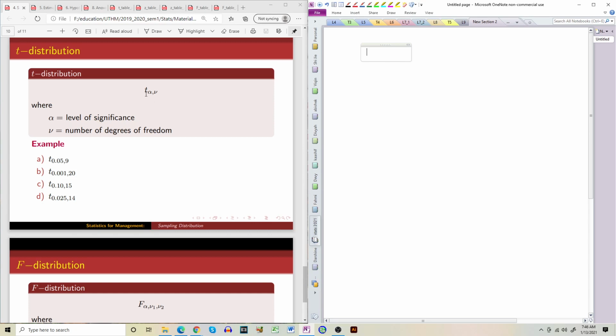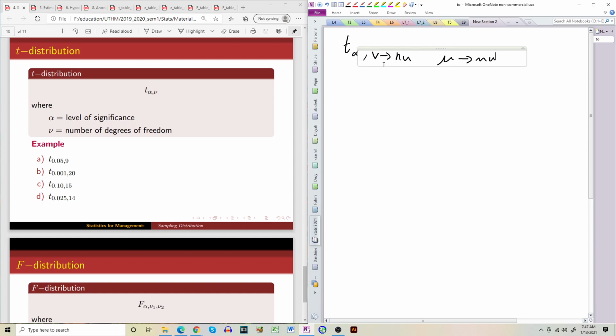Here, the notation for the T distribution is T alpha, nu. You can call that V if you want, but the proper word is nu. The notation we use for the mean is mu, so just some notation.